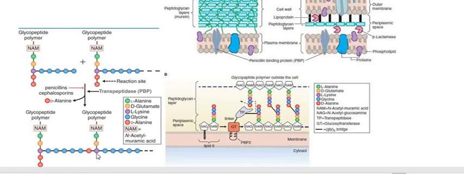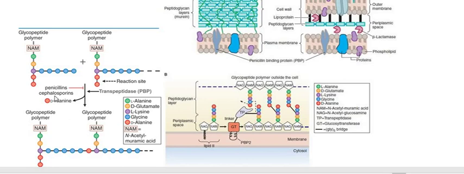So the lattice structure is going to give rigidity to the cell wall, and if the rigidity of the cell wall exists, the cytoplasmic pressure, exerted over the cell wall, does not make it burst.